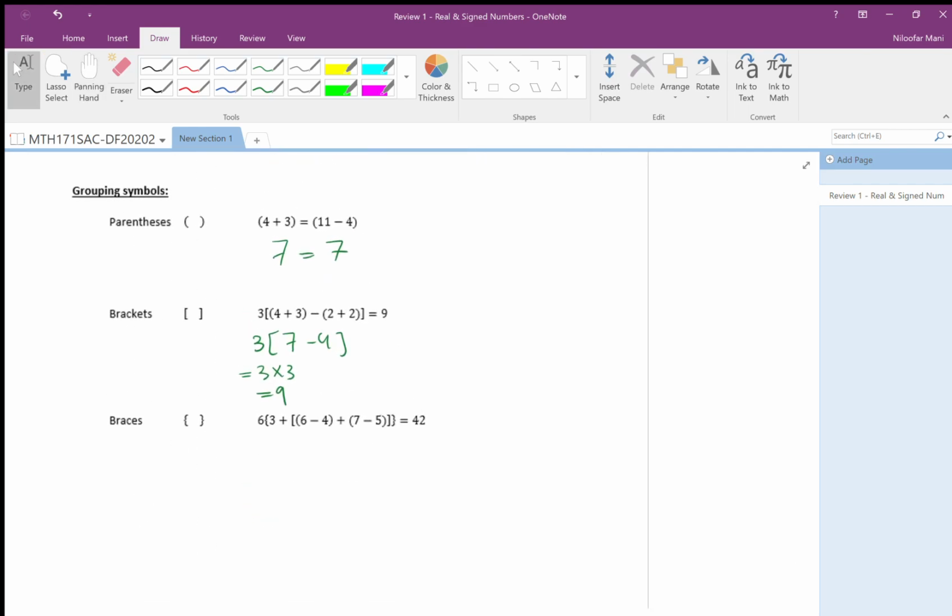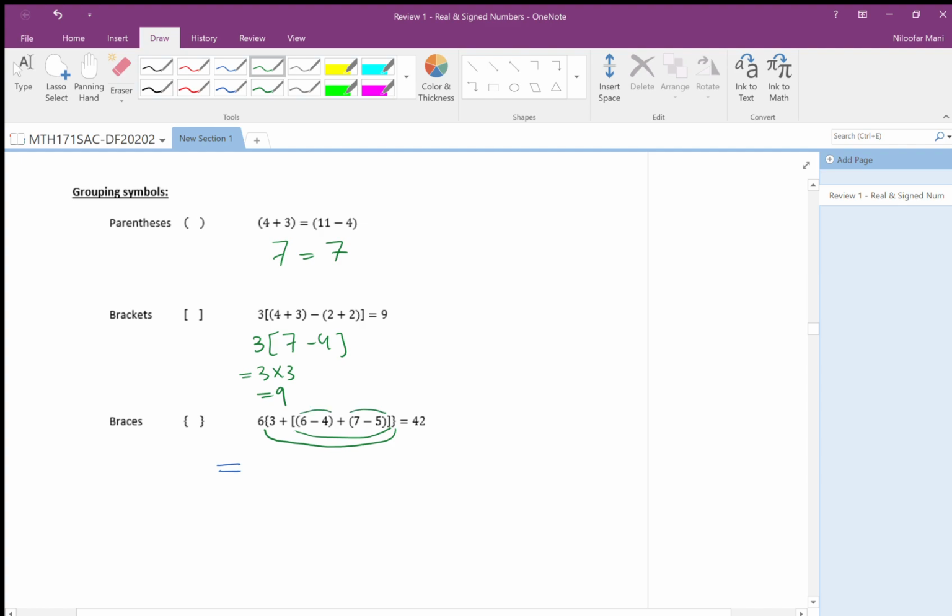Okay, perfect. Which one do you do first here? I need to do the bracket first. But inside the bracket, I have another bracket, so I have to do the innermost bracket first. I want to do this brace first, but I see another bracket inside. Inside, I have to follow BEDMAS. So I see this one next, and then inside, I see this one.